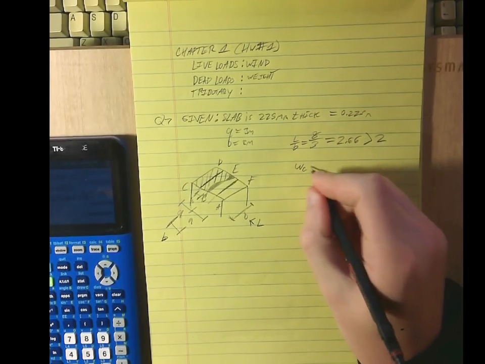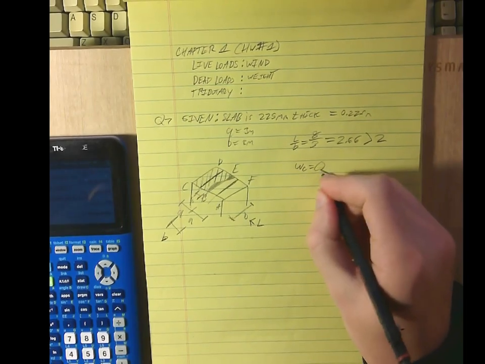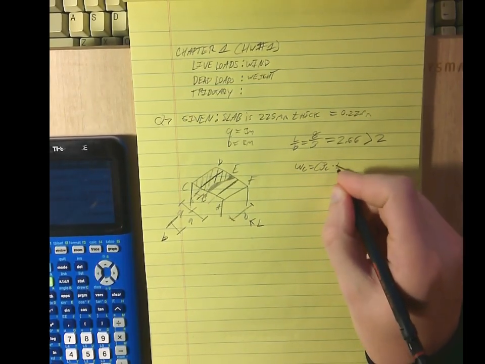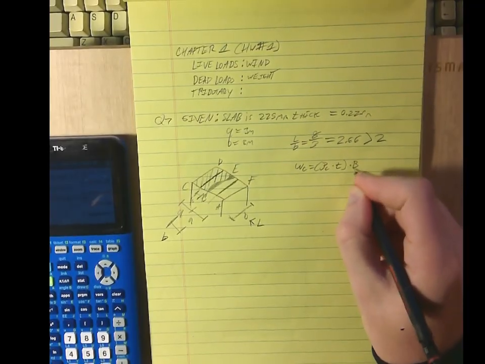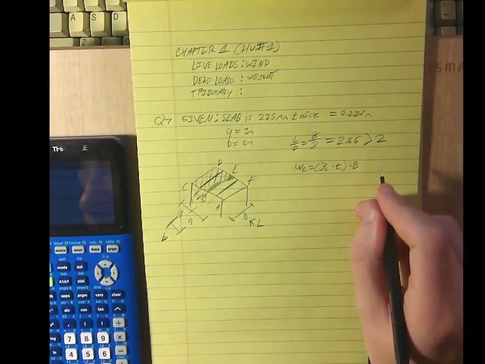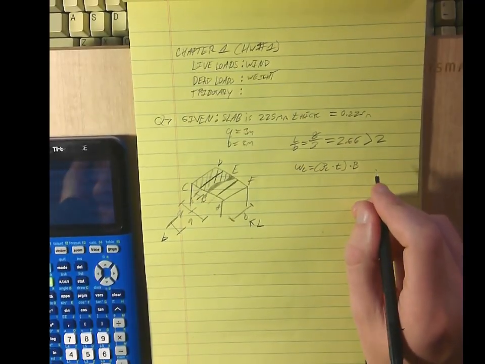We know that WC is going to be equal to rho C times thickness times B, and this capital B, I think this might actually be what they call tributary area.